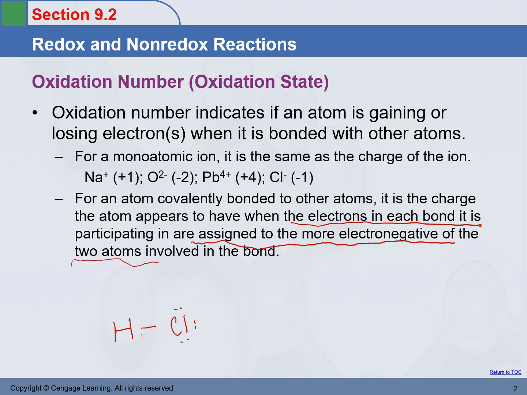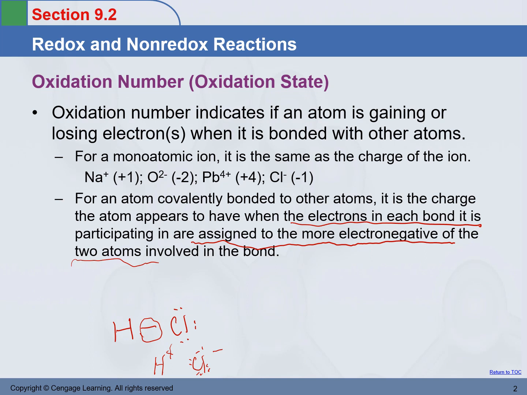We'll assign these shared electrons to chlorine. Chlorine is more electronegative than hydrogen. When that happens, if this one totally goes to chlorine, hydrogen's lost it. If that is the case, hydrogen will carry a plus charge, chlorine is going to carry a negative charge. Does that make sense to you?